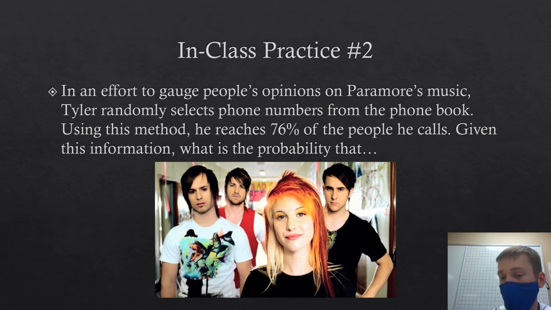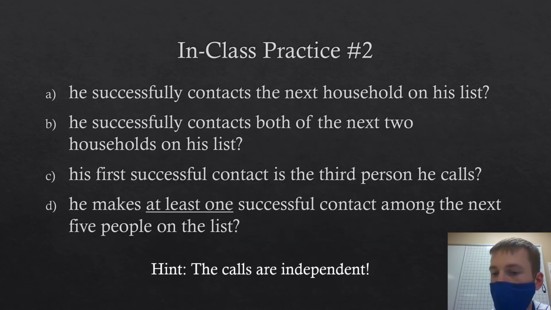So basically what this means is that once he makes a call, 76% of the time, somebody's going to answer the phone, okay? All right, so take a moment, try to calculate these. So given that, what is the probability he successfully contacts the next household on the list? So just the next house, what's the likelihood of that person picking up?